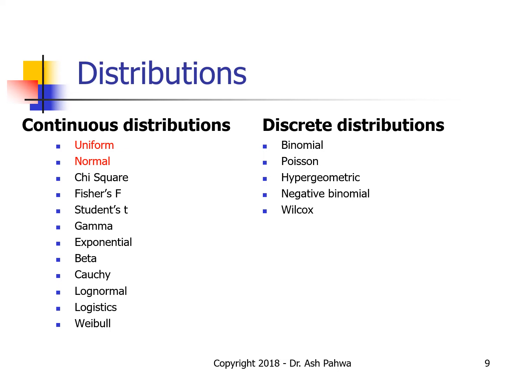So under continuous distribution, we have uniform, normal, chi-square, Fisher's F, student's T, gamma, exponential, beta, Cauchy, log, logistic, and Weibull. On the discrete side, we have binomial, Poisson, hypergeometric, negative binomial, and Wilcox.